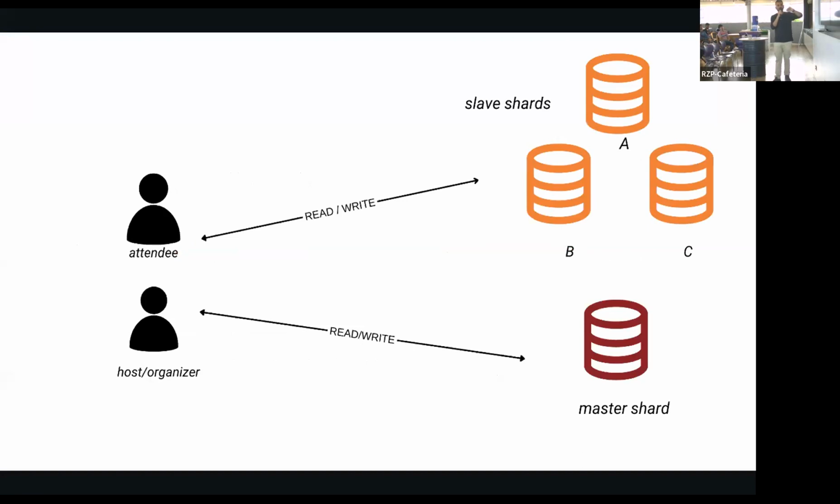So what we have done is that even if something is happening on the slave shards, my host and my event should not be affected. Let's say something happened on one of the slave sides, a few thousand users can face the issue, but the event will keep on going, right? So we have connected it in such a way that hosts, organizers, speakers, whoever are the action takers in the event, are connected to one kind of database, and whoever are the viewers in the event are connected to another kind of setup for reads and writes.